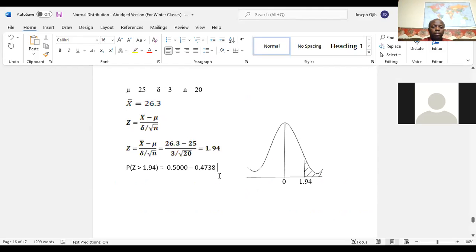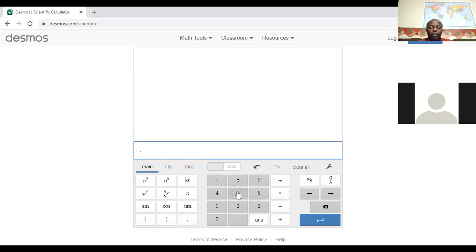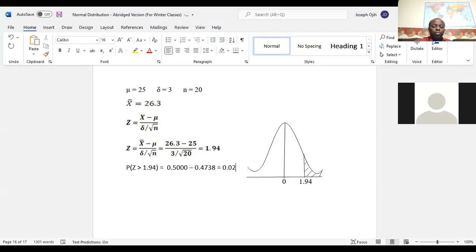The answer we are looking for equals, from the calculator we can get the difference, 0.5000 minus 0.4738, which is 0.0262. So this is it. That's the central limit theorem for you.